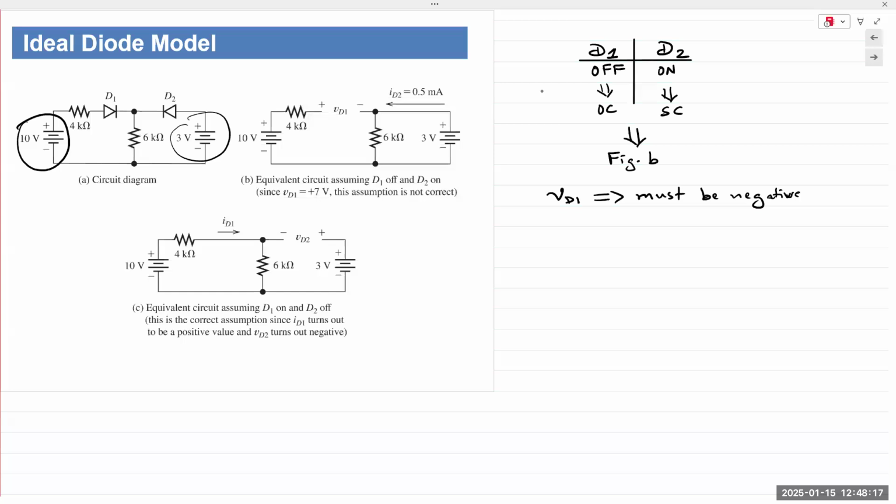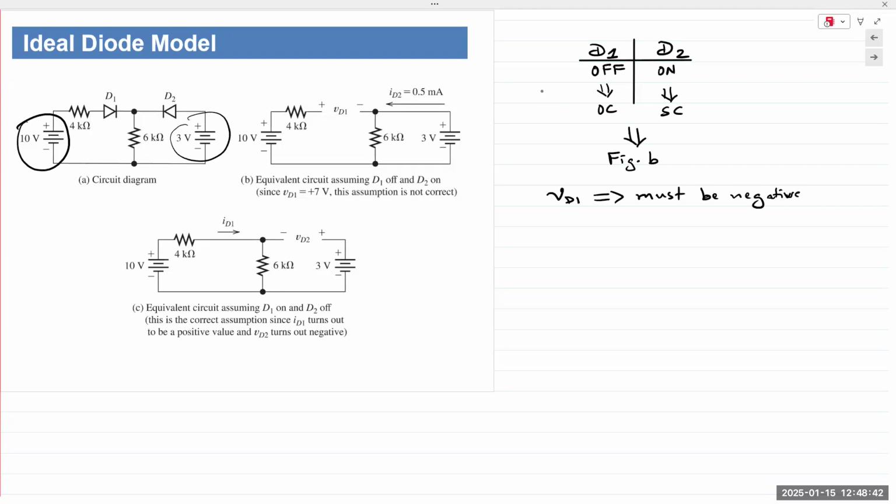But in general, if my assumption is that a diode is off, that means the cathode must be higher than the anode. That means VD must be negative. And then if the diode is on, that means it's a short circuit. That means current is flowing through the circuit, and current flows from anode to cathode.